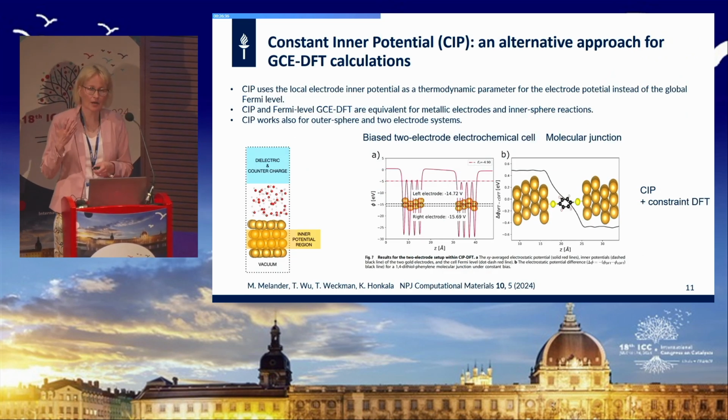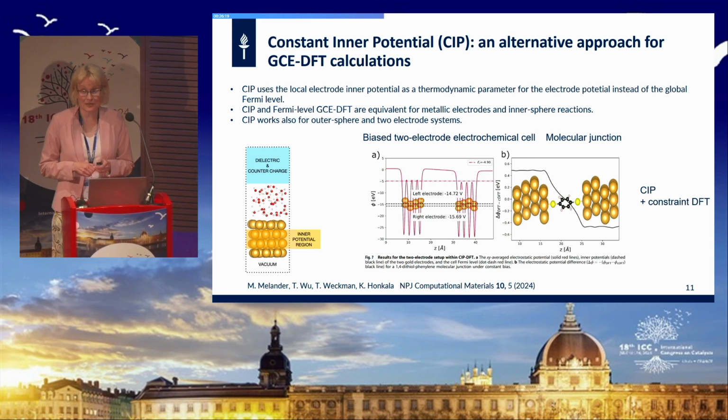But how do you do the constant potential DFT calculations? It's not unique. In the examples that I will discuss today, you do it by fixing or choosing the Fermi level, so choosing the absolute electrode potential that way.